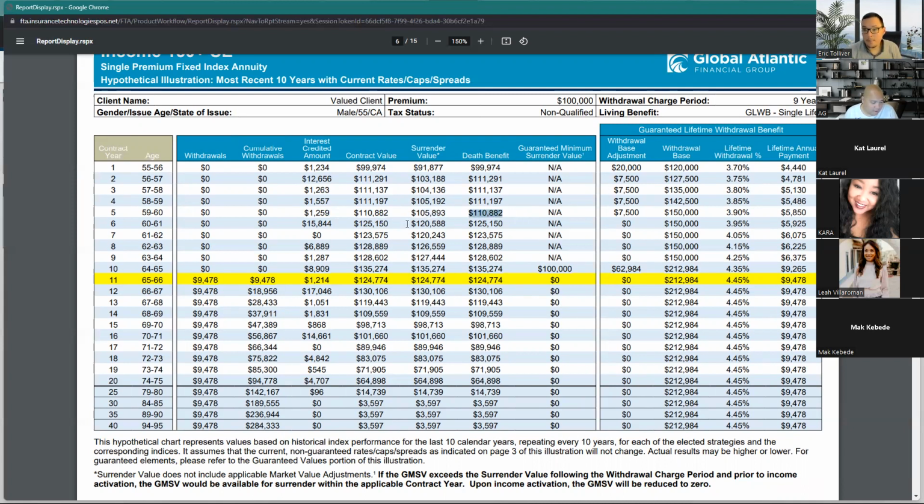But the death benefit is always going to be the contract value without the surrender.